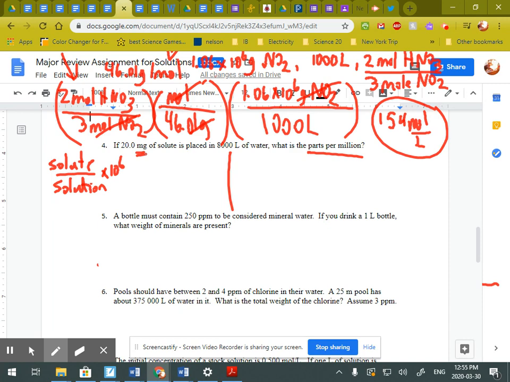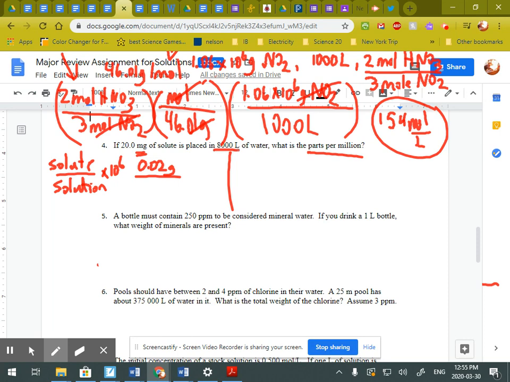Or you can convert the liters to kilograms, then to grams, then to milligrams to make it the same. That's a bit of a pain. So I'm just going to scale the milligrams up by dividing by 1,000. So 20 divided by 1,000, and I get 0.02. Putting that over the solution, that's got to be in grams. Remember, the units on the top and the bottom have to be the same.